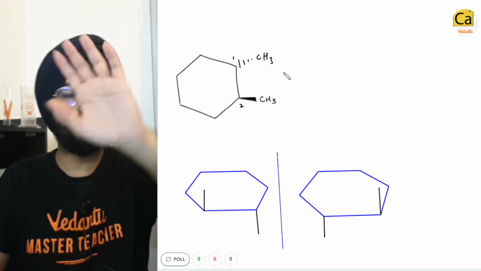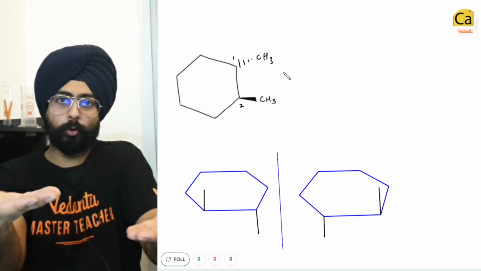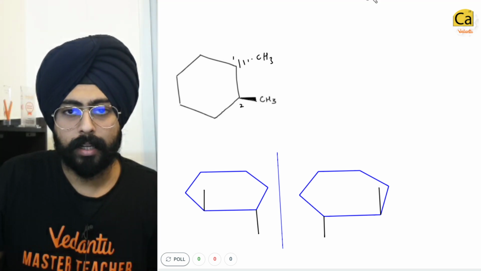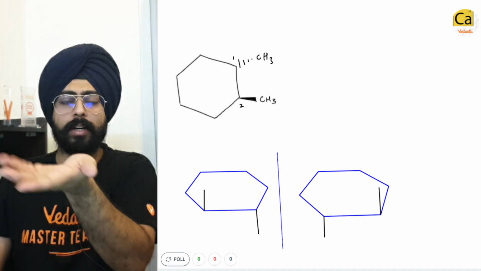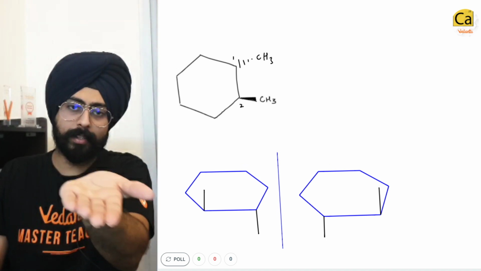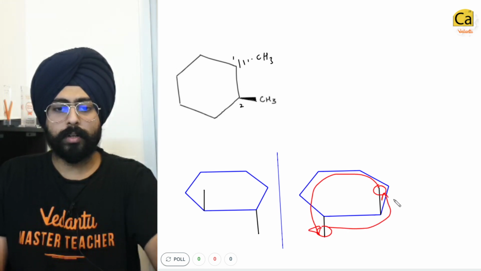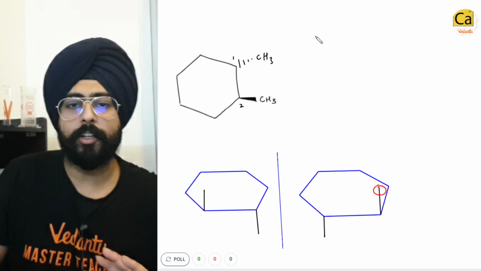Okay, try to overlap each of these. As it is, they don't overlap. If you rotate this guy like this, still they won't overlap. If you rotate it like this, this will come towards the bottom, this will go towards the top. You still won't be able to superimpose the mirror image on the initial.